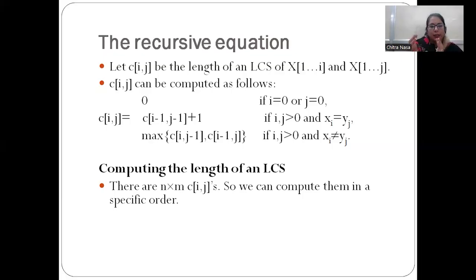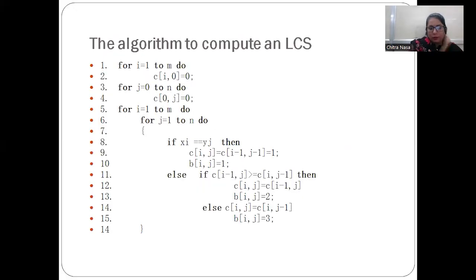For i minus 1, j, the row is decremented, you move upward, so the upward arrow is stored. And for i, j minus 1, the column is decremented, so you move toward the left, so we store the left arrow. These are the three arrows you are going to use in Bij.